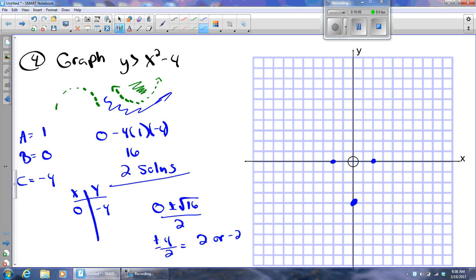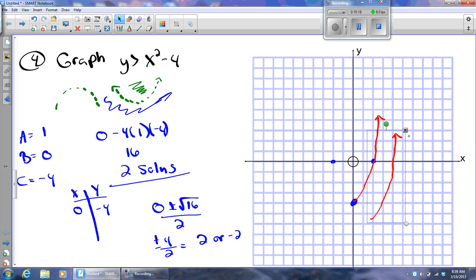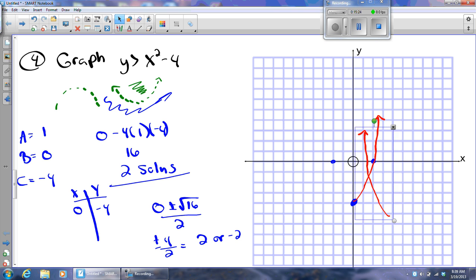Okay, and then my parabola will do something like that. And I'll flip the part over, and it should match pretty darn good. Okay, there you go.